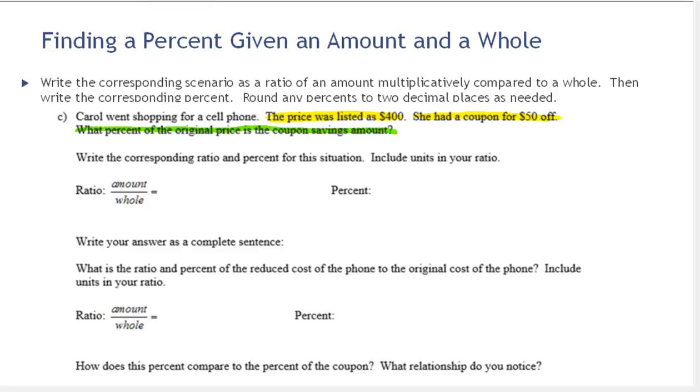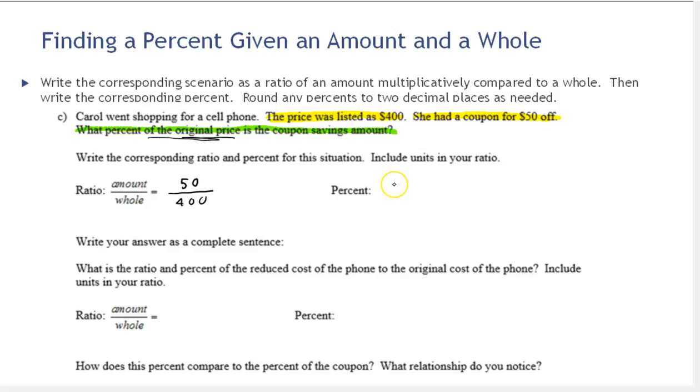Okay, so what's our amount and our whole? So what percent of the original price, so that's going to be our whole, and the original price was $400, and then it's followed by is the coupon savings amount, which was $50. So we want to find 50 is what percent of 400.